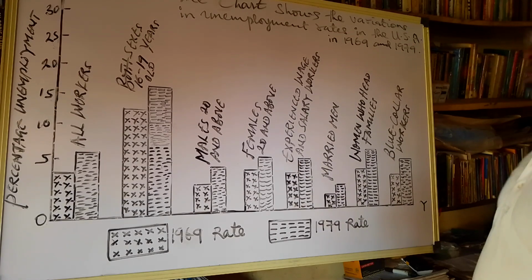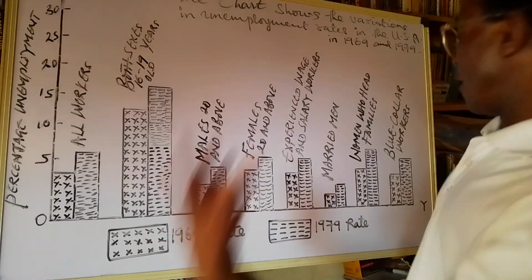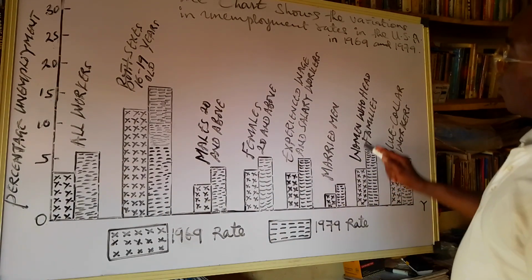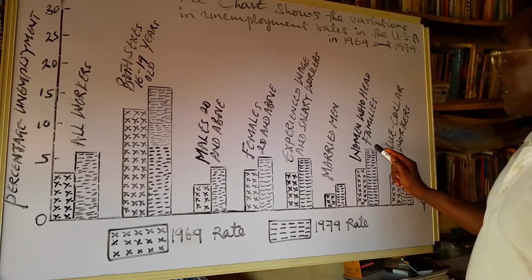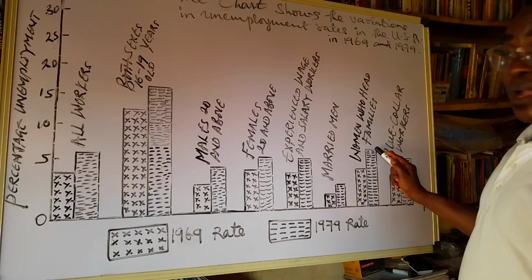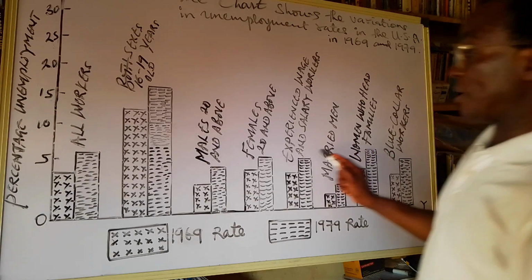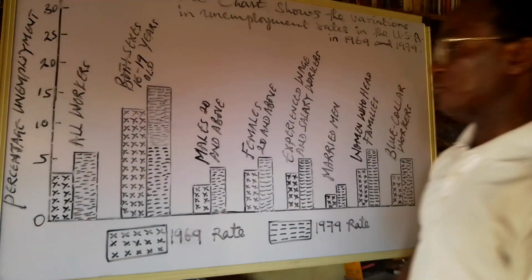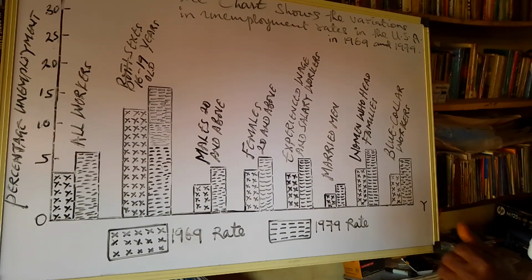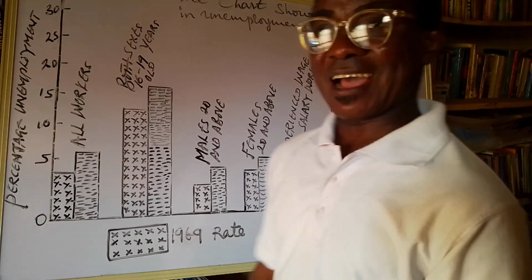Apart from this, the only other high unemployment rate occurred among women who had families in 1979, when the unemployment rate among these women stood at just above 5%. So this is our analysis.